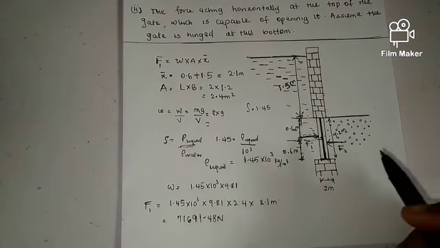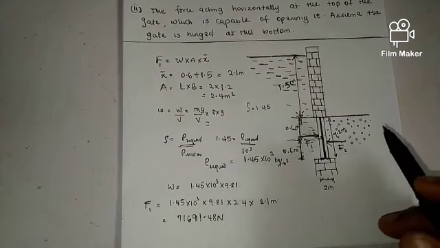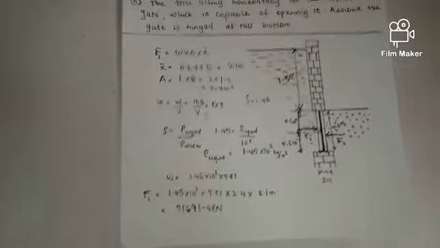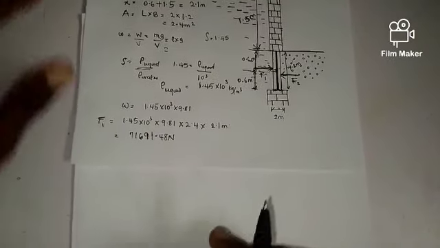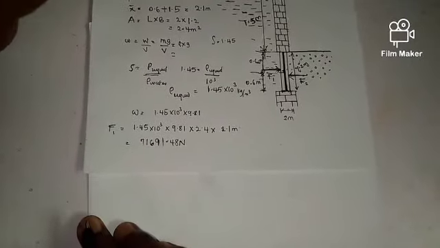So now our next step is to calculate the force acting on this gate due to water on this downstream side. So to calculate the force acting on that gate due to my water, let's call it F2.